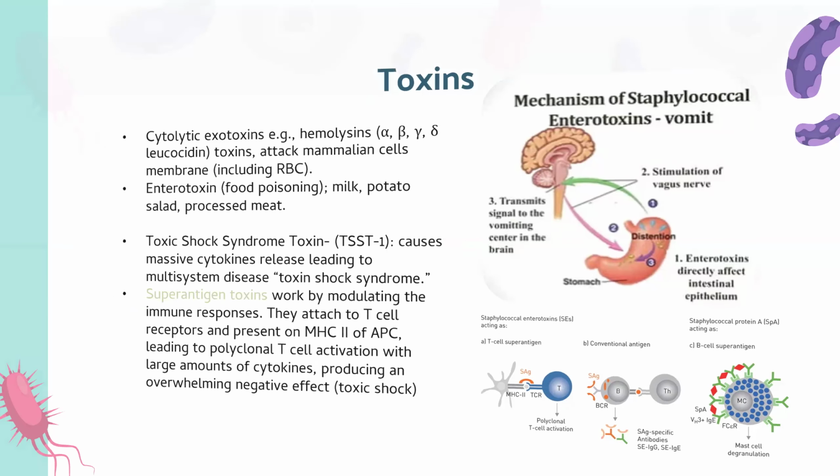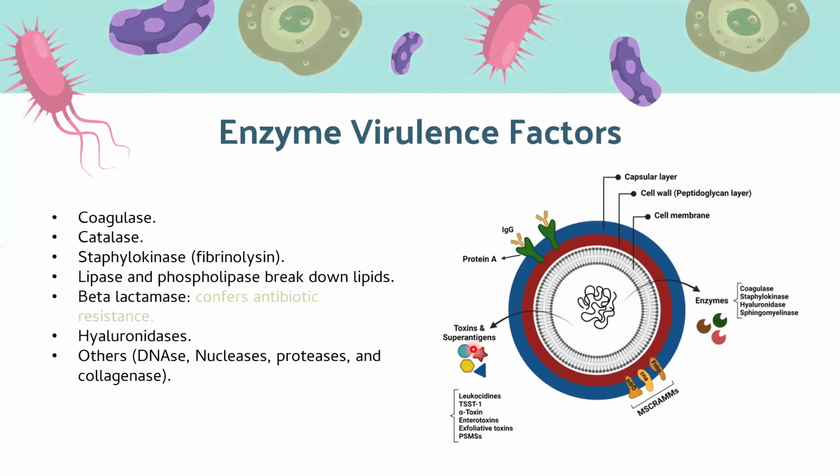Staph aureus actually also has other virulence factors like coagulase, which we already spoke about, catalase, which we already spoke about, and it has others including lipase, beta-lactamase, which confers antibiotic resistance, hyaluronidase, DNase, nuclease, basically select all, okay? So for coagulase, it leads to prothrombin activation and coagulation.